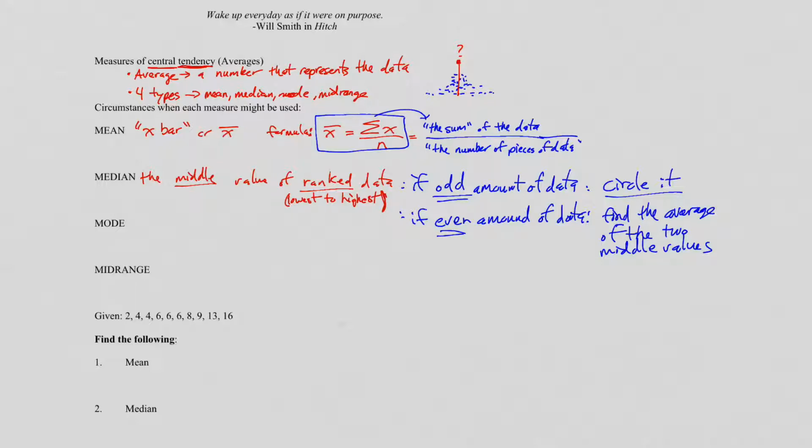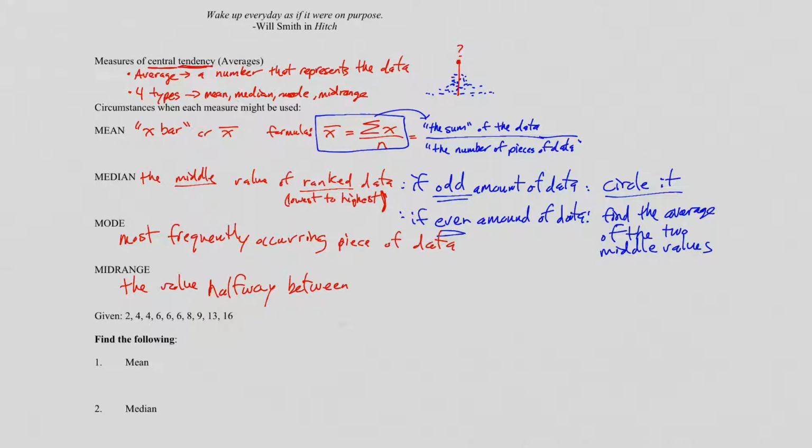Mode, of course, is the most frequently occurring. And then the mid-range is the value halfway between the lowest, we call capital L, and the highest.